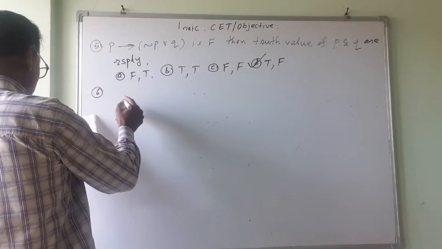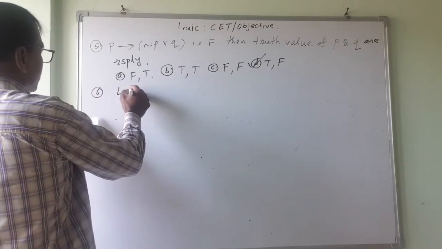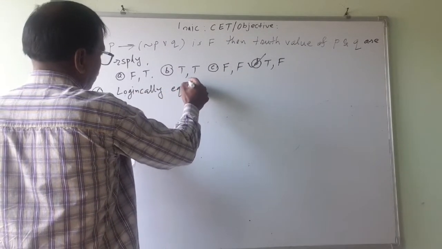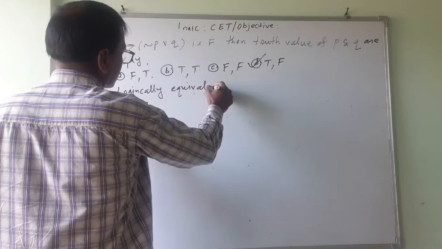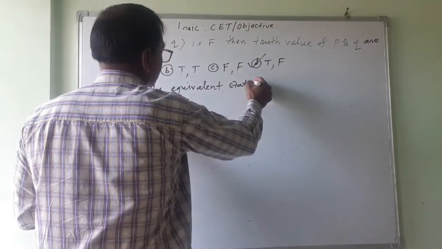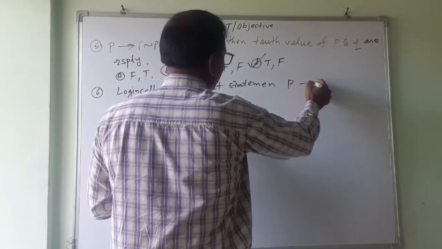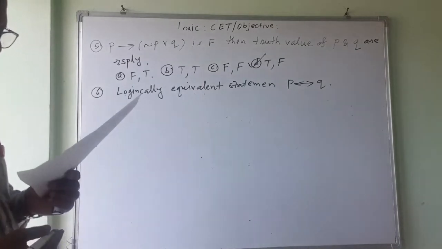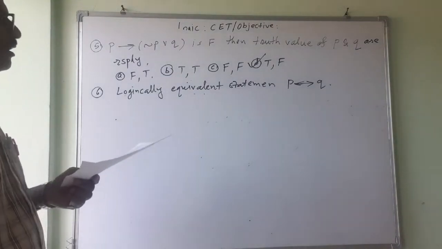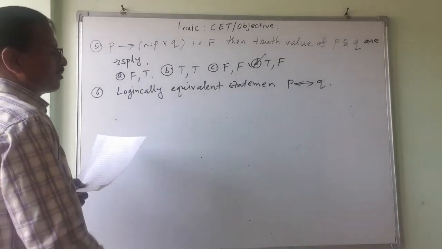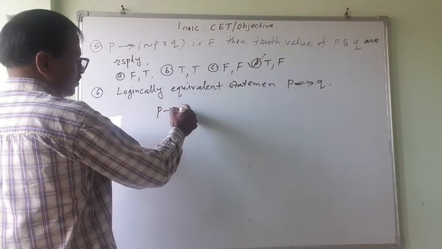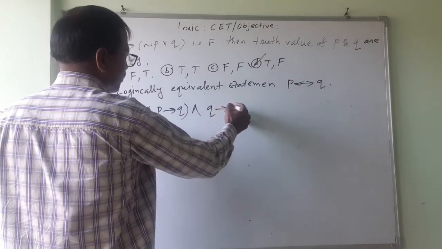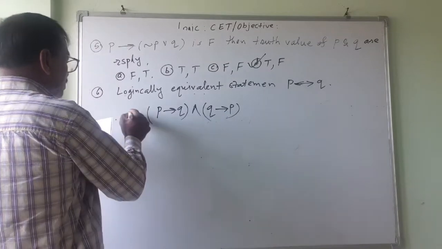Number 6, logically equivalent statement. The equivalent statement of P double implication Q is, I have taught you this. What should be the logical equivalent statement of this? This is P implies Q and Q implies P. This is 1.